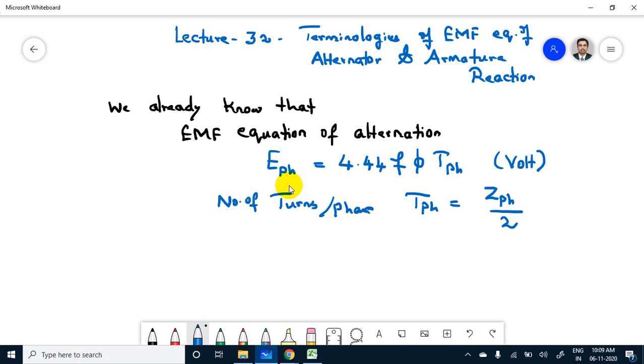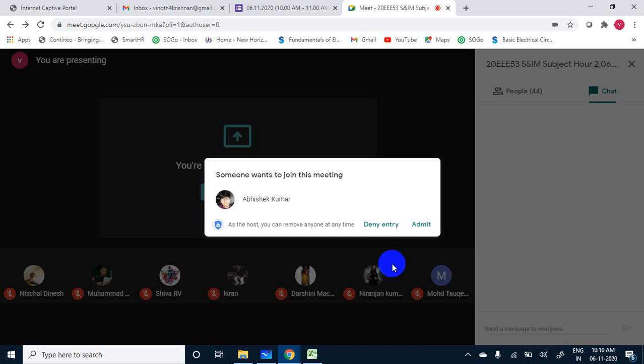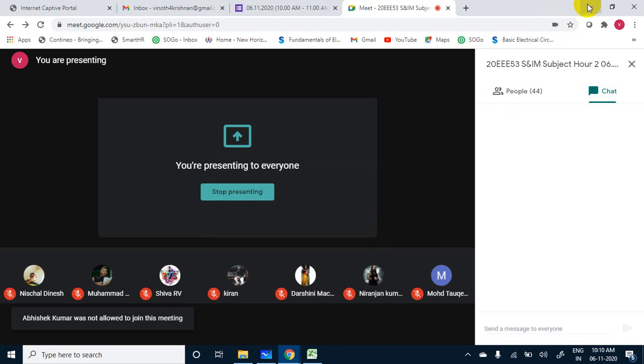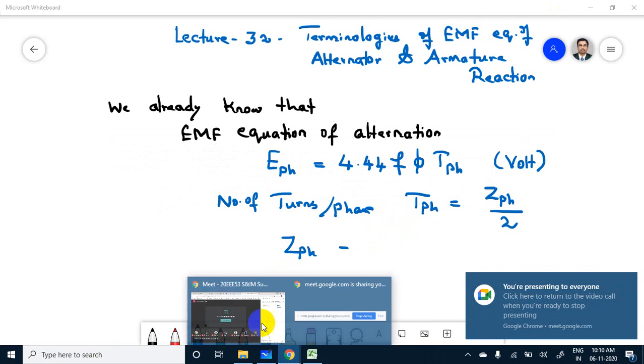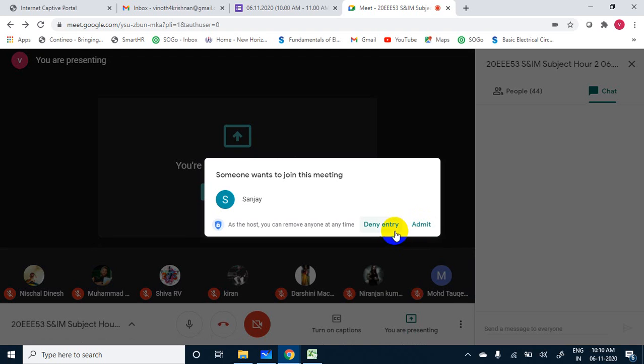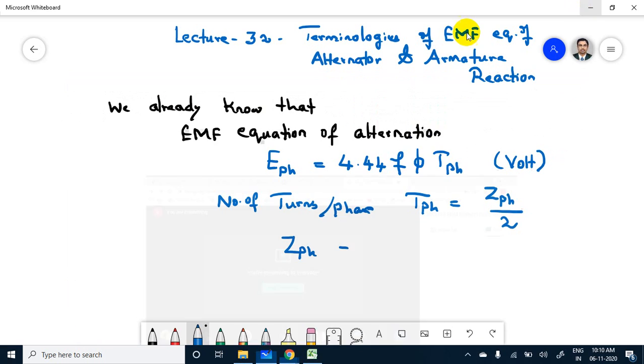This Z phase is nothing but the number of conductors per phase.